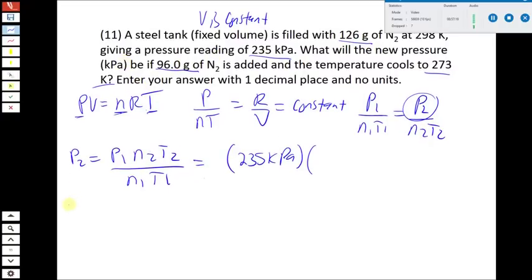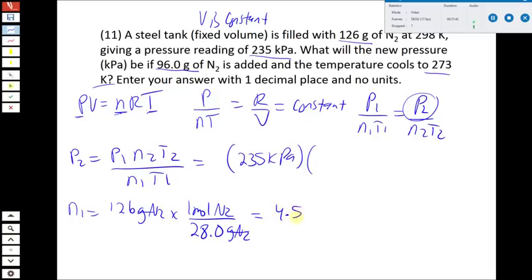So the initial number of moles n1 is going to be, we started with 126 grams of N2, and we just divide by molar mass of 28 to get into moles. So the ideal gas equation does not involve grams of ideal gas, it involves moles, so we have to convert to moles first. So we're initially starting with 4.50 moles, that's our n1.